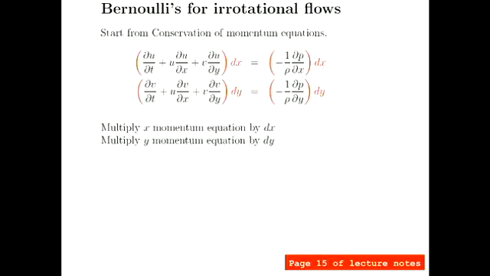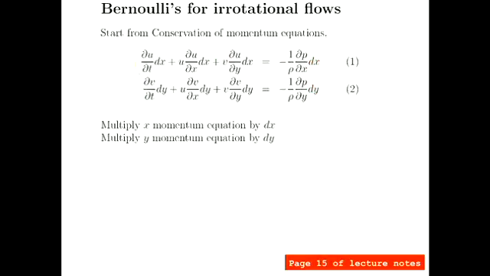So this has a nice property. When I do this, if you look at those pressure terms on the right-hand side of those equations, they're going to combine in a very pleasing manner later on. So you should be able to work it out, actually, from what we have to do. Okay, so I multiplied the top equation by dx and the bottom equation by dy.